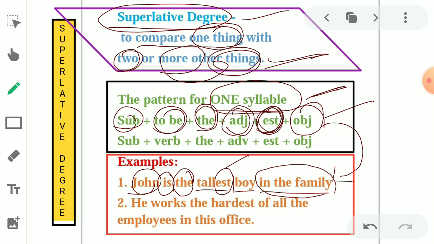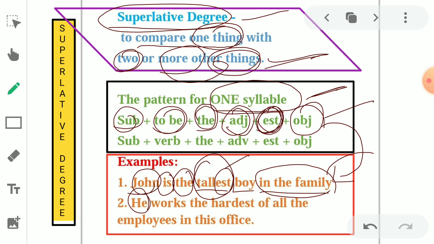In the family we have more than two, so one person is compared with more, about his quality. What is that? The quality, tall. Then he works hardest, the hardest of all the employees in this office.